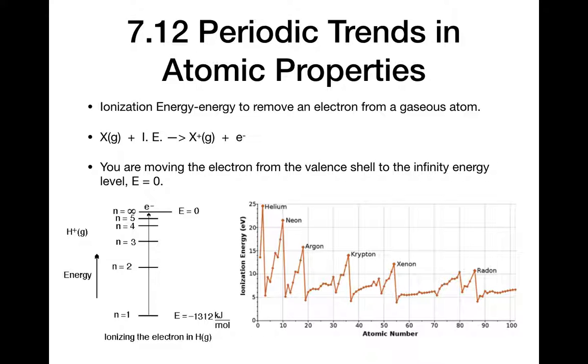Even though lithium has an extra proton, 3 protons, the energy level in the 2s is farther from the nucleus and also quite effectively shielded by the 1s. In other words, the 1s is pushing the 2s electron outward, and that is canceling out quite a bit of the nuclear charge of the 3 protons of the lithium atom.